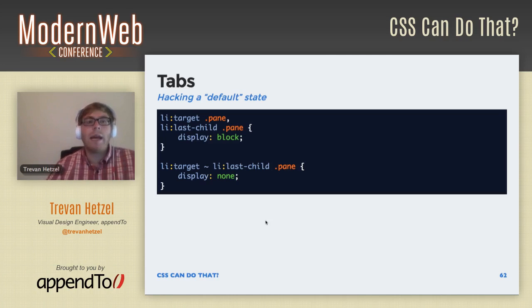So to get over that, we make use of the general sibling selector and say when this LI's target is activated, we select the last child and its child, which is pane, and we set it to display none. So since it's the last in the DOM, anytime another tab is open, this one is going to get hidden.